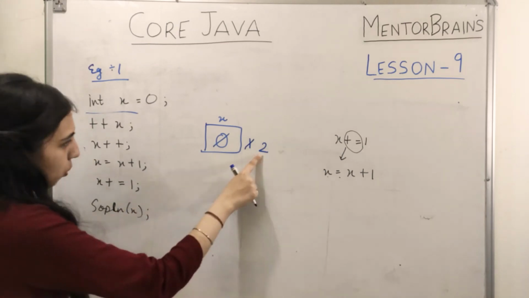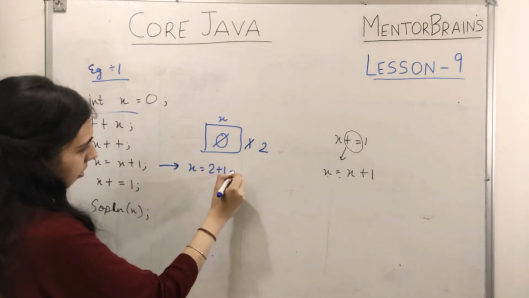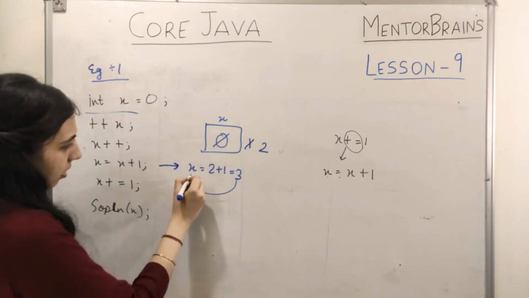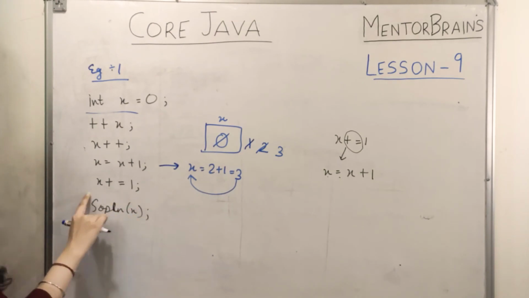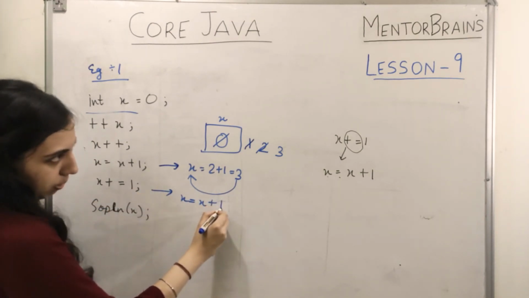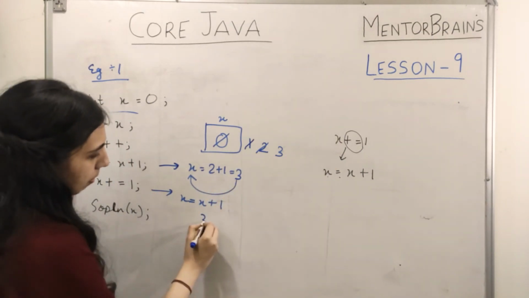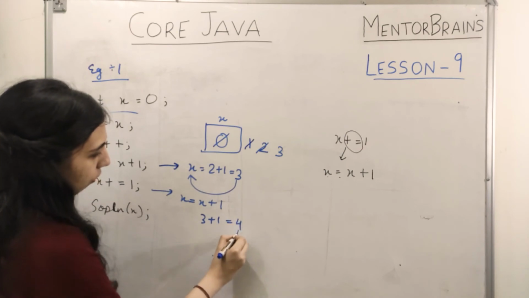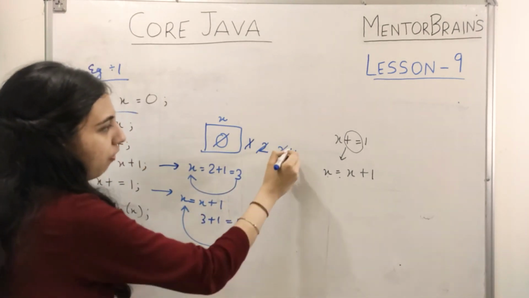My changed value 2 will be used here in this statement and x will be becoming 2 plus 1, that is 3. So this 3 will be going inside x. Now after this, going on to this statement again, it means x = x + 1 as I told you over here. So my x value is 3. So 3 plus 1 will be equal to 4. Now 4 will be going inside x. So my new value of x will be 4.